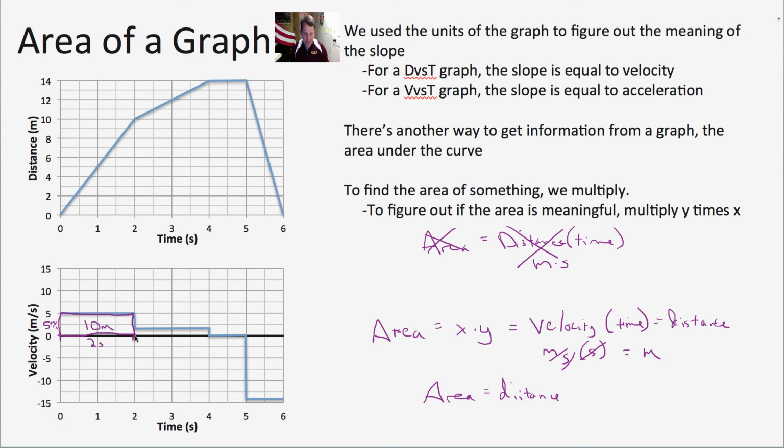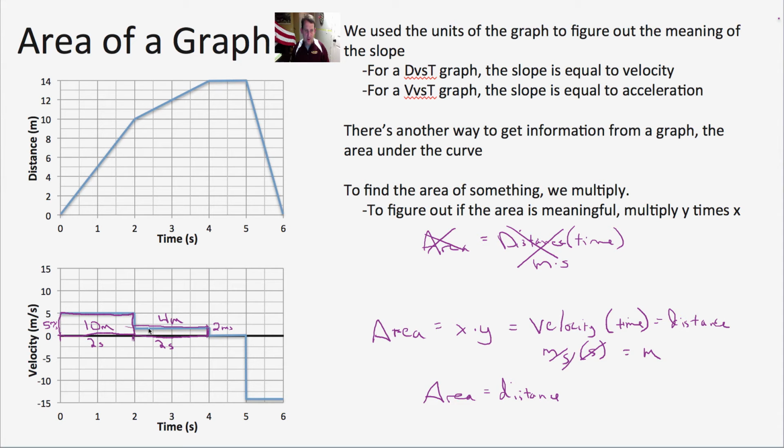Now the area inside this next box is going to be 2 meters per second, high here, times 2 seconds for a distance of 4 meters. And sure enough, during this part, we went from 10 to 14, which is a 4-meter change.